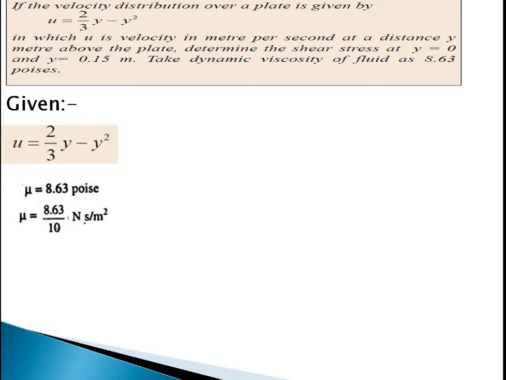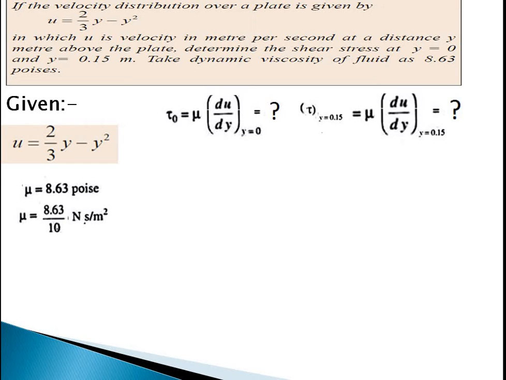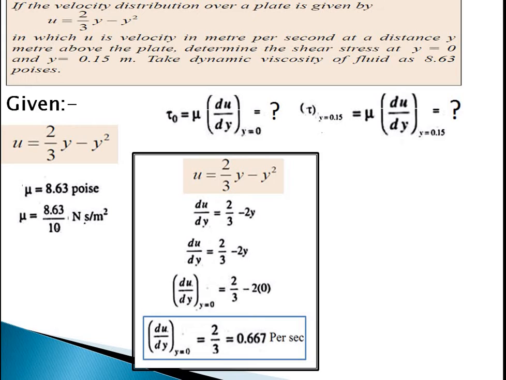So coming to the given point, given is equation u is equals to 2 by 3 y minus y square. mu is equals to 8.63 poise, which is nothing but 0.863 Newton second per meter square. Now tau is equals to mu into du by dy at y is equals to 0 is the value we wanted to find out, and tau at y is equals to 0.15 we wanted to find out.